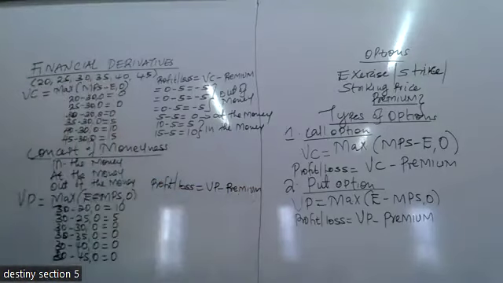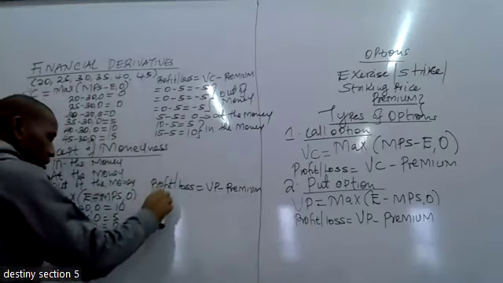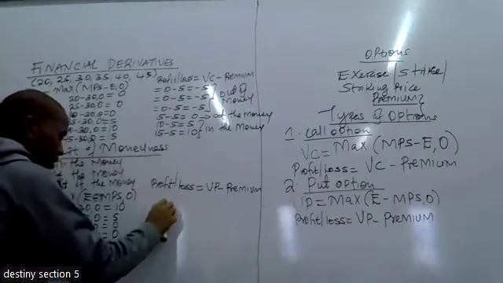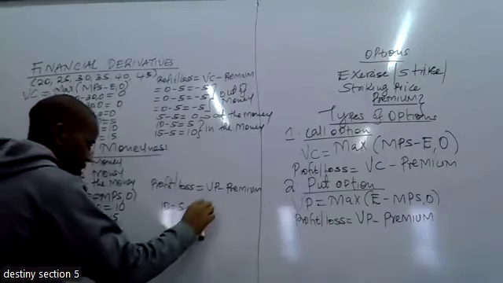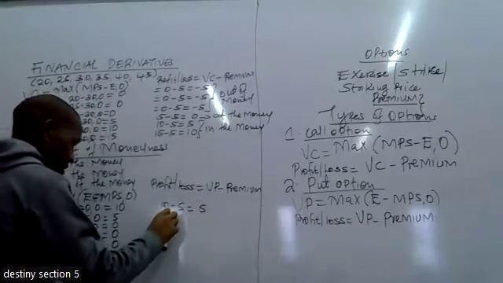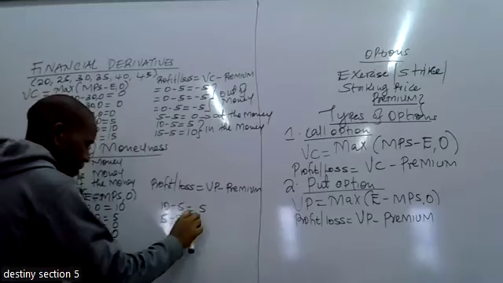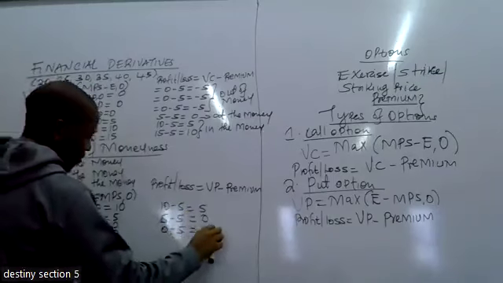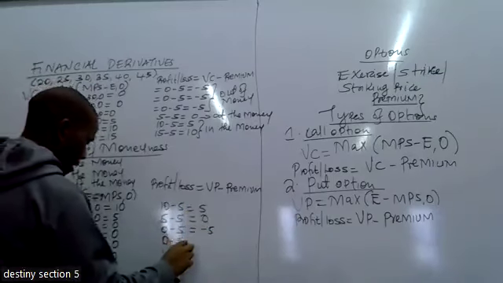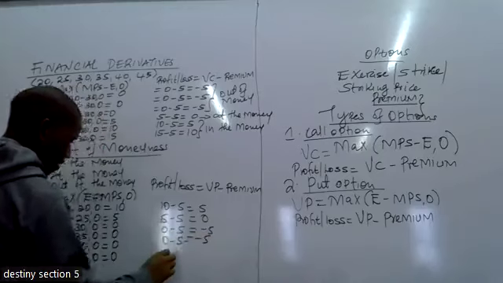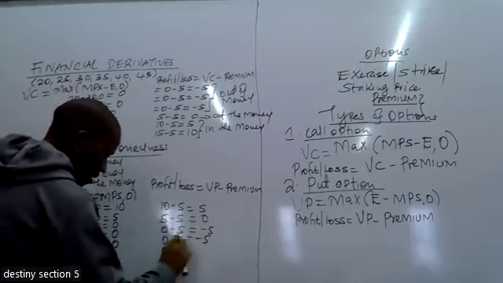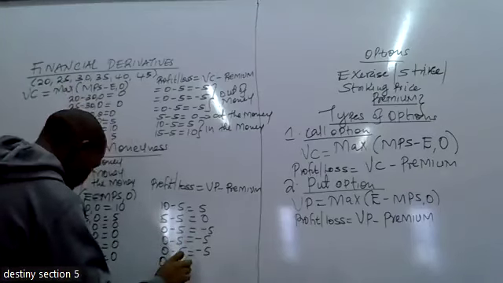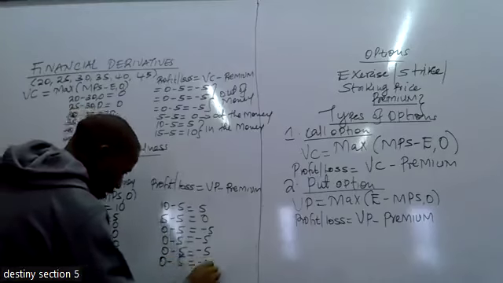For the first one, we have 10 minus the premium, which is 5, so 5. Then 5 minus 5 is 0. Then 0 minus 5 is negative 5, and 0 minus 5 is negative 5, repeated for the remaining ones.